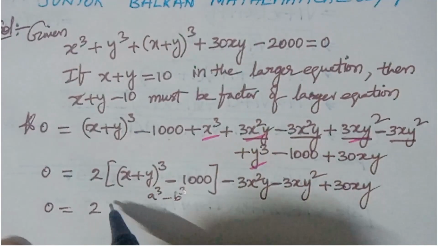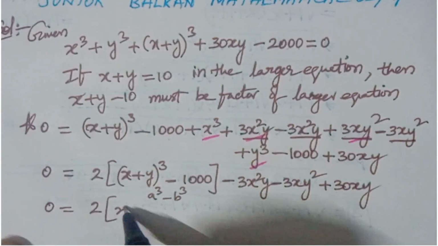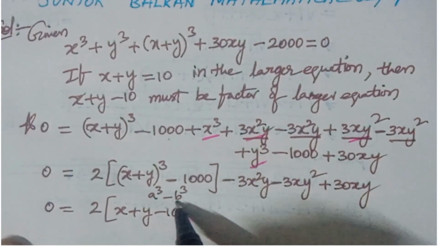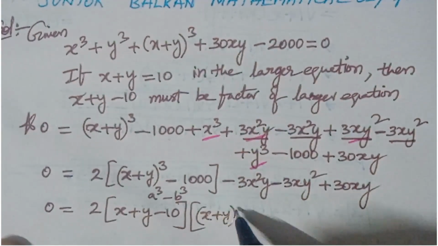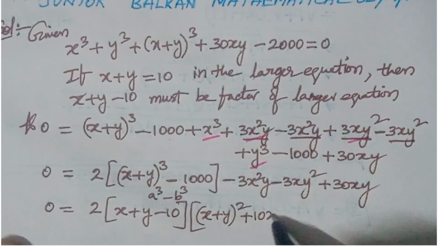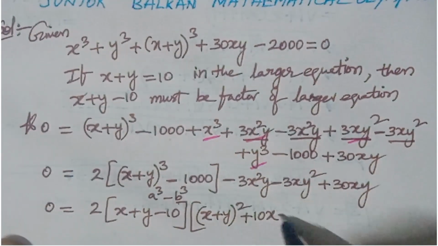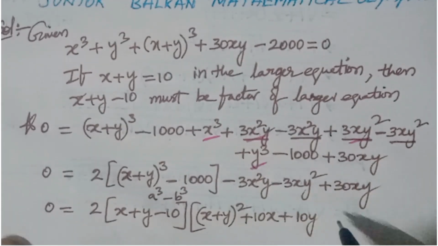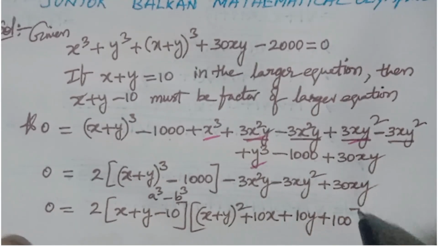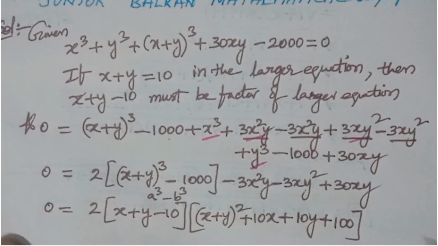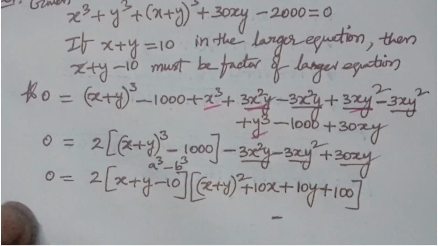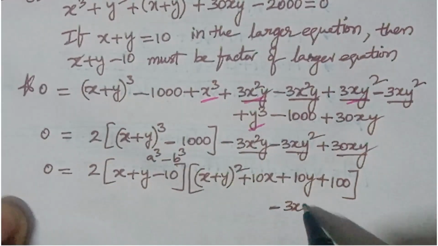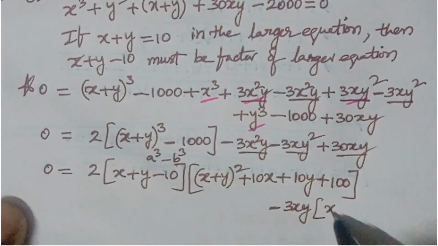I am applying the formula: a minus b into a square, plus 10x plus 10y plus 100, minus, you can take 3xy common, 3xy into x plus y minus 10.